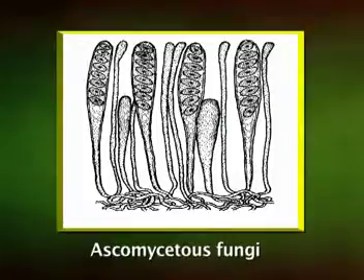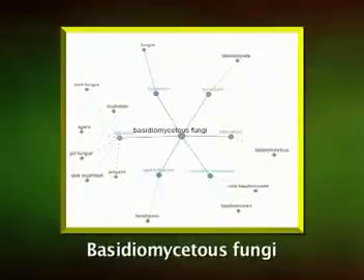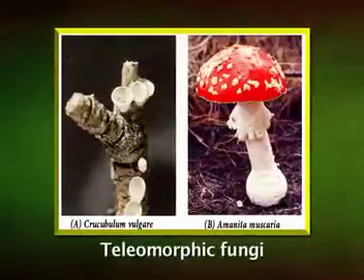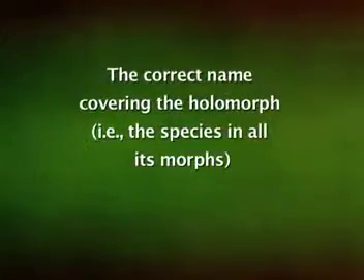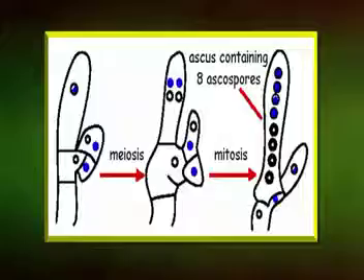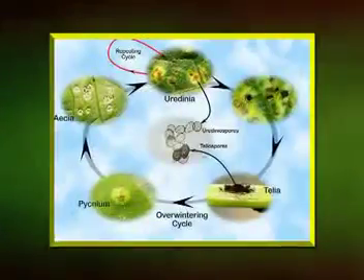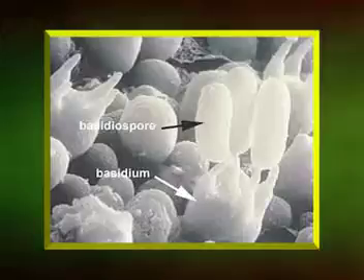In non-lichen forming Ascomycetes and Basidiomycetes fungi with mitotic asexual morphs, that is anamorphs, as well as a meiotic sexual morph, that is teleomorph, the correct name covering the holomorph, that is the species in all its morphs, is the earliest legitimate name typified or epitypified by an element representing the teleomorph, that is the morph characterized by the production of ascospores, basidia, basidiospores, teliospores, or other basidium-bearing organs, as per Article 59 of ICBN.